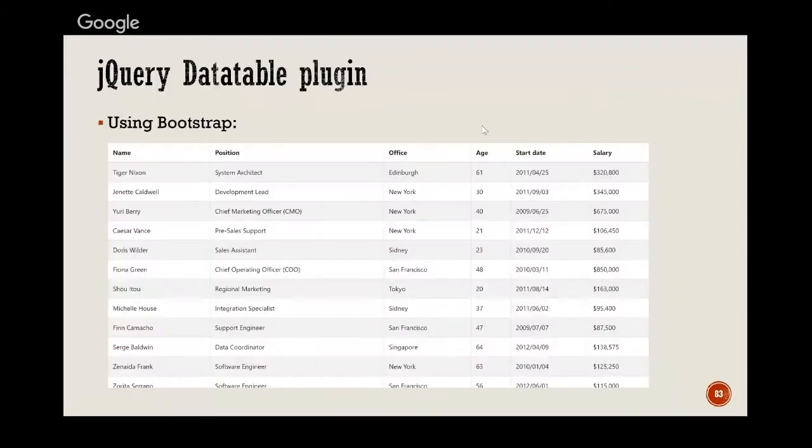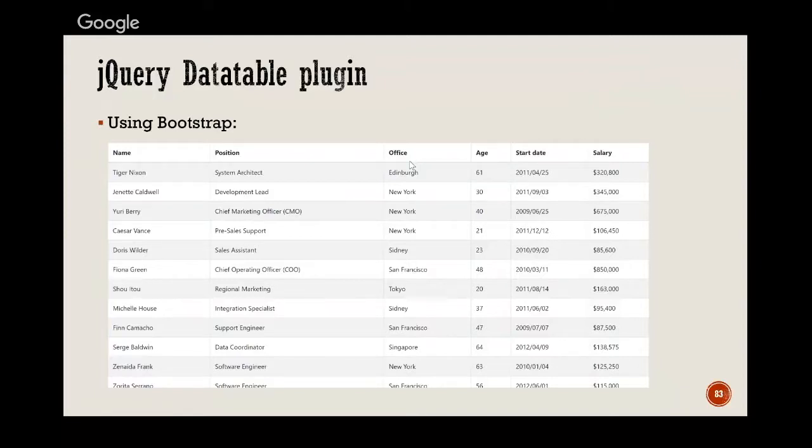If we apply Bootstrap to it, it does not render very well on the projector, but if you are looking at the slides on your own laptop, the background color for odd and even rows is a bit different.